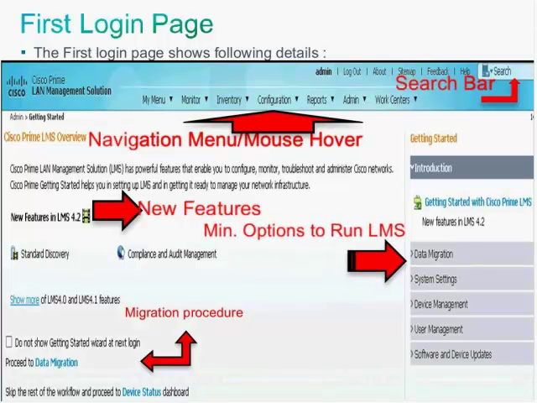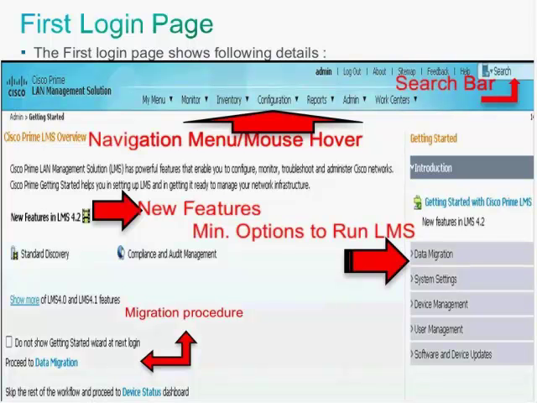So these are the minimum options to make your LMS run. That means these are the minimum configuration values which you need to enter on your CiscoWorks so that it is operational. Though it is operational out of the box, as soon as you have installed CiscoWorks on a server and it has a dedicated IP, you can use any browser from the reachable network to access CiscoWorks and start adding the devices. But again, there are certain basic details you need to enter here.